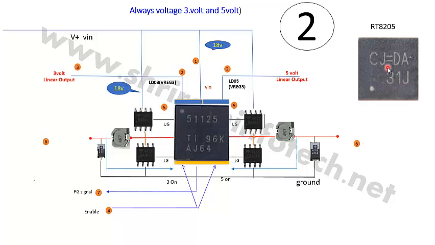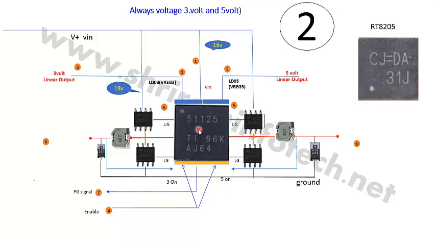So let's start. The chip has a total of 4 departments: 2 linear outputs and 2 buck converters. Linear output means, simply, that whenever we apply a voltage, suppose we are applying 18 volt here, the linear regulator generates some output voltage.